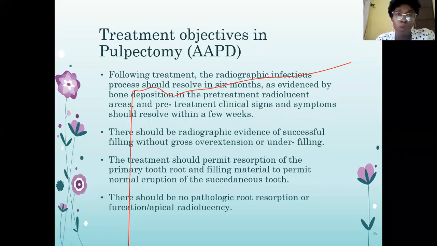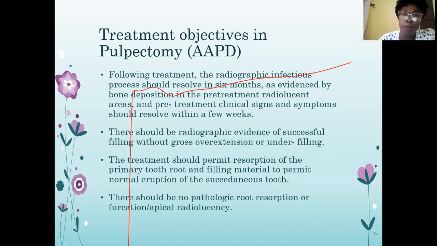So what are the objectives? Following treatment, the radiographic process should resolve in 6 months, as evidenced by bone deposition in the pretreatment radiolucent areas. And the clinical signs and symptoms should resolve within a few weeks. There should be radiographic evidence of a successful filling with no gross extension or underfilling.